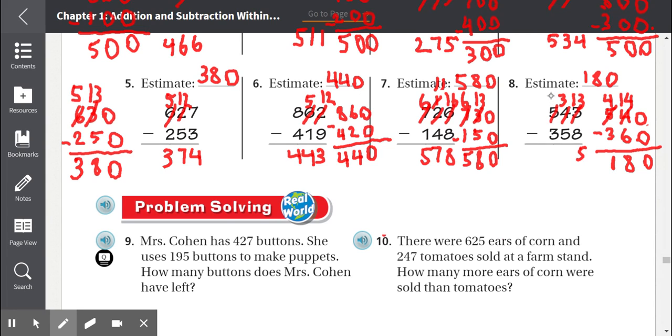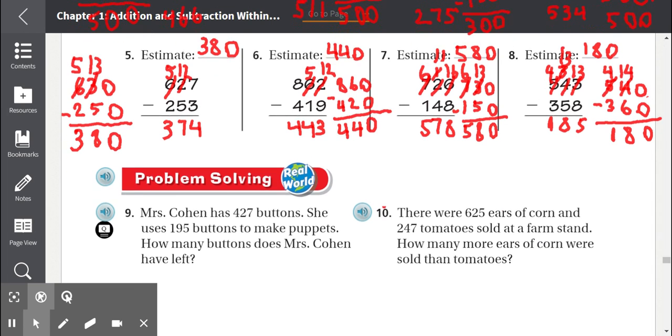Now this 5 becomes a 4, and this 3 becomes a 13. 13 minus 5 equals 8. Now in the hundreds place, it is no longer 5 minus 3, it is 4 minus 3. 4 minus 3 is 1. So our estimate was 180 and our answer is 185.